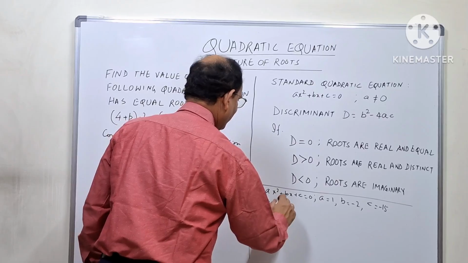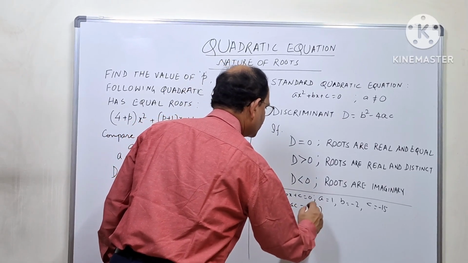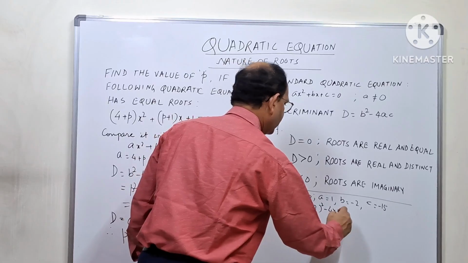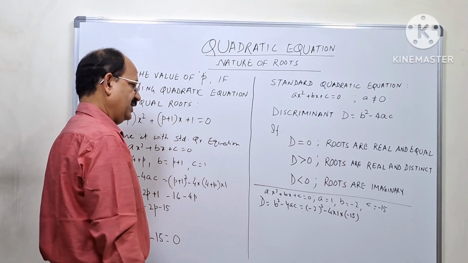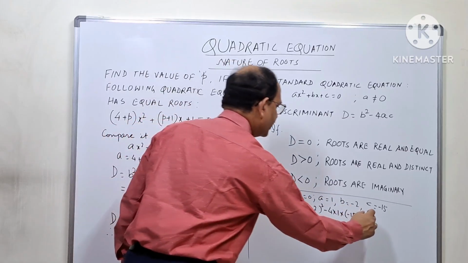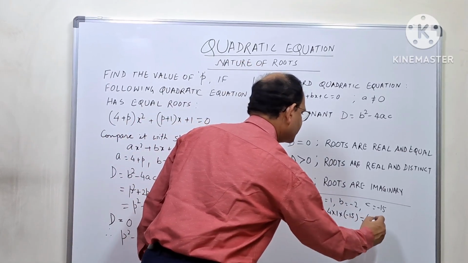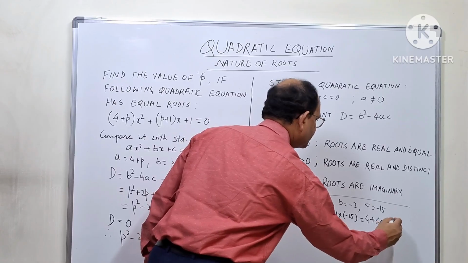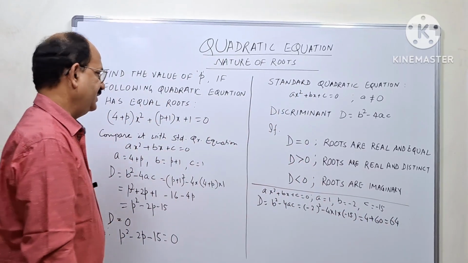We'll get b square minus 4ac, that will be equal to minus 2 the whole square minus 4 into a into c, which is minus 15. That will lead to minus 2 the whole square is 4, and minus becomes plus, 15 into 4 becomes 60. So this becomes equal to 64, right?